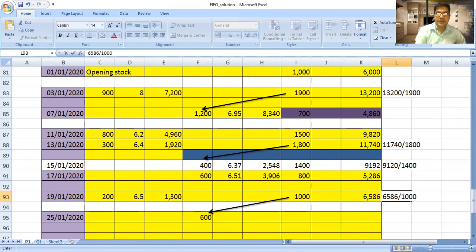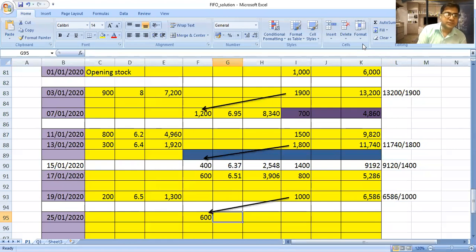To find out the weighted average rate, 6586 divided by 1000, you will get the rate 6.586. Now friends, always consider only two digits after the point. After the point only two digits we have to write. So 6.58.